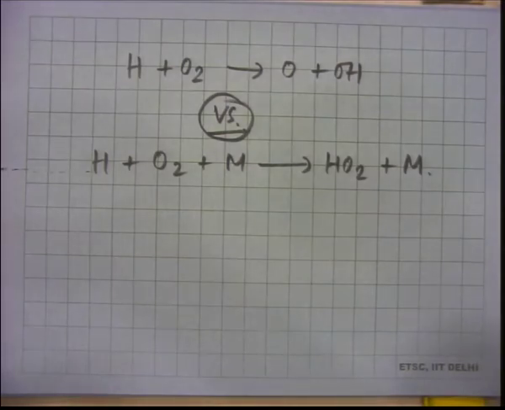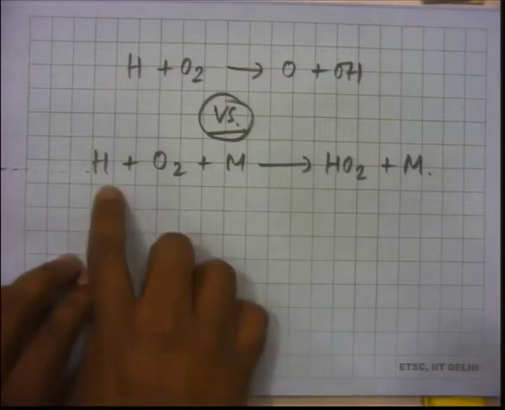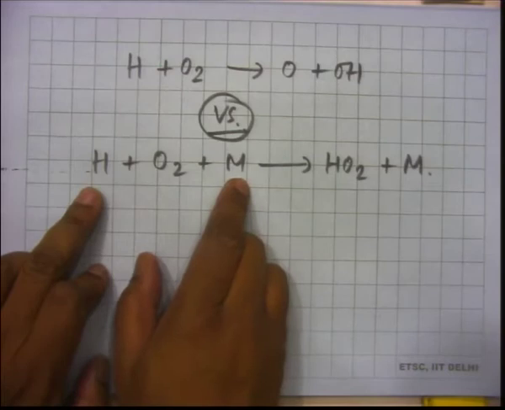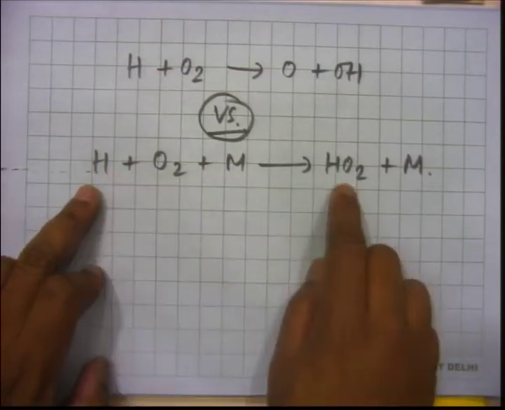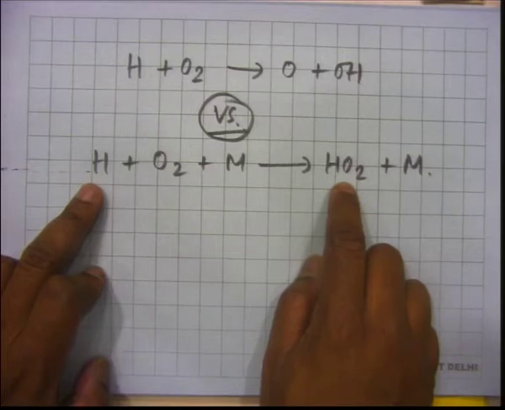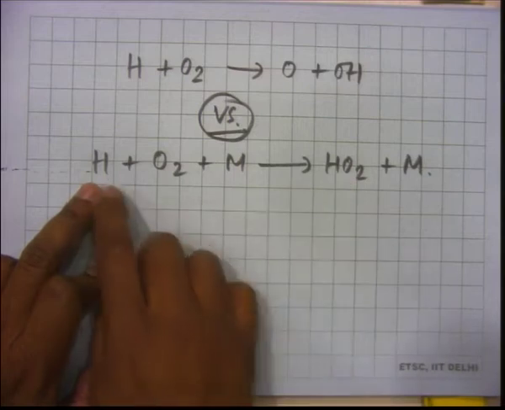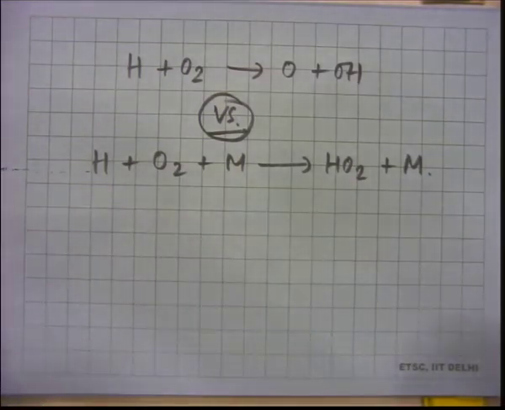Yeah, because it is branching. What about the second one? What sort of a reaction is this? Yeah, so the point here is that in H plus O2 plus M, H is a radical, in fact HO2 is also a radical. But HO2 is much less reactive than H under the conditions that we are considering.